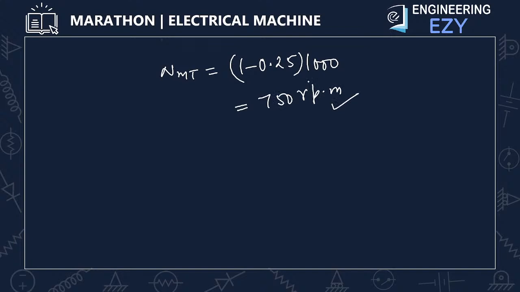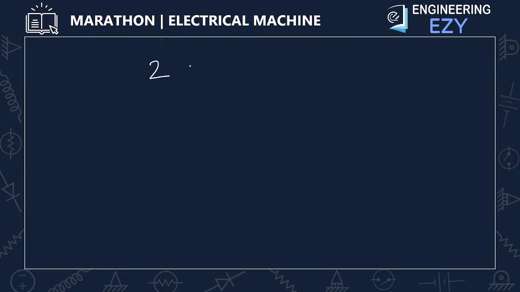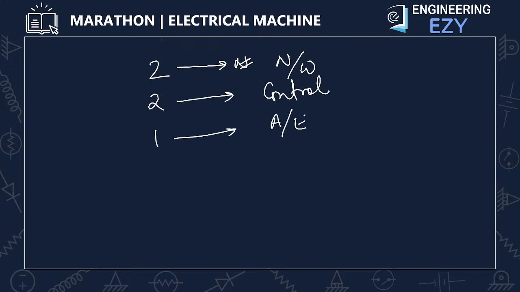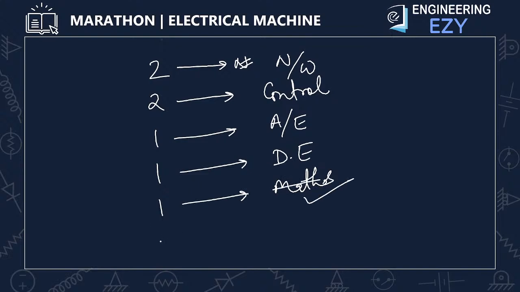I want to inform my students that so far I have taken 2 marathons of network, 2 marathons of control systems, 1 analog electronics marathon, 1 digital electronics marathon, 1 mathematics marathon, and 1 power electronics marathon.